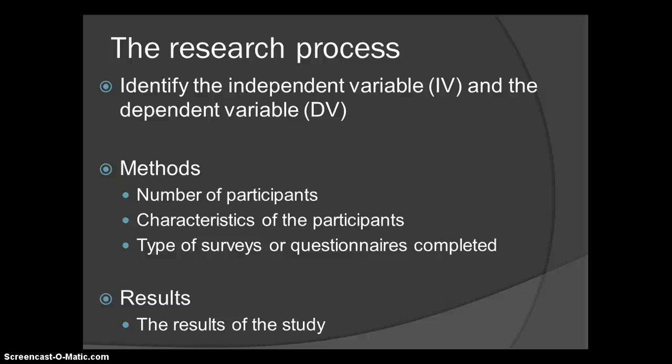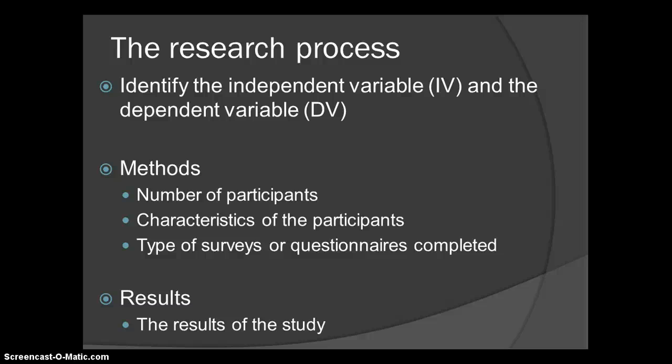Then there's a method section. The method section, or process, is us actually designing what we're going to be doing. How many participants do we need? Are there certain characteristics that we should include, or participants that we should exclude based on their characteristics? As you saw on SONA, there are some studies that would like non-smokers only.